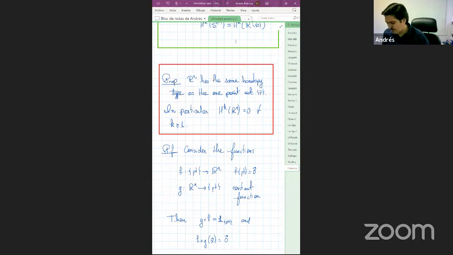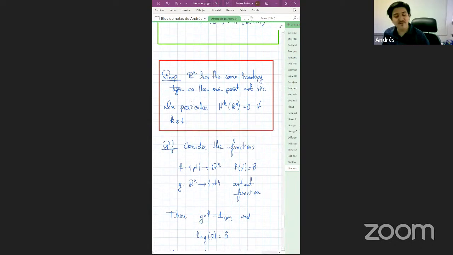So let's worry about the other one. The other function is a constant function. F composed with G. So any element in Euclidean space by this function is mapped to the constant.